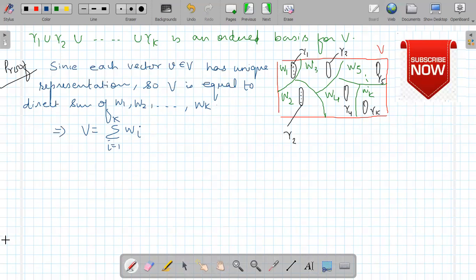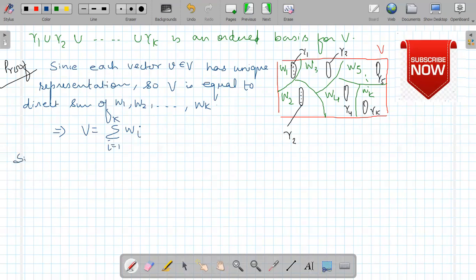Now gamma 1 is an ordered basis for W1, gamma 2 is an ordered basis for W2. We have to prove that gamma 1 union gamma 2 union gamma k is an ordered basis for V. So we have to show that their union generates V first of all.